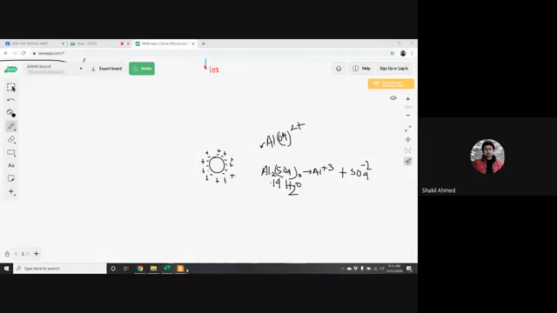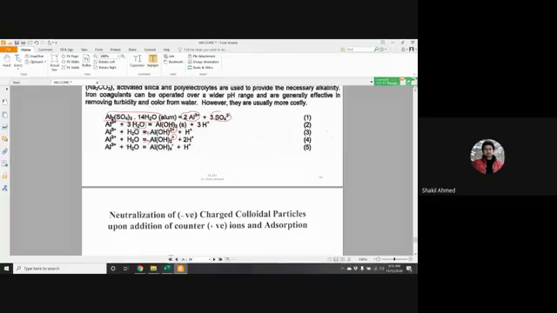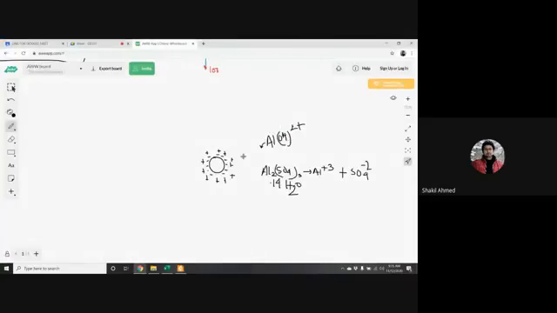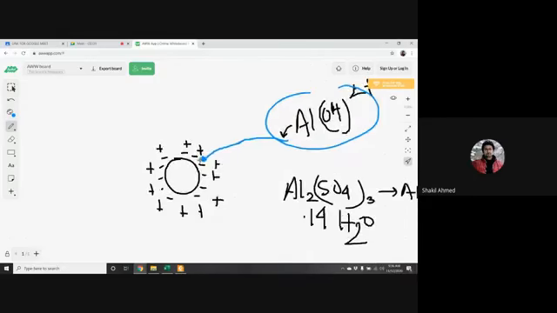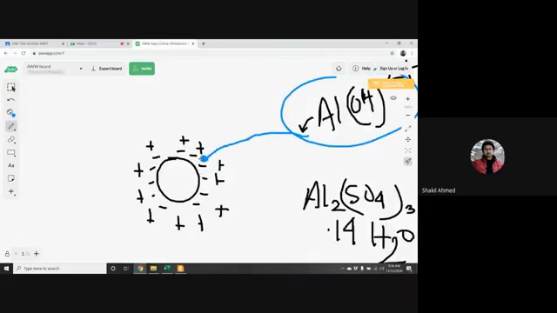Talking about this, they have a greater affinity attraction with these negative ions. Therefore, they replace these positive ions and they get adsorbed here. This is aluminum hydroxide. They get adsorbed here in the surface.